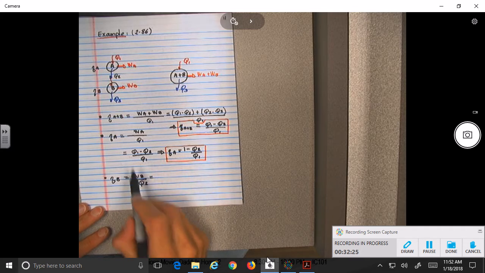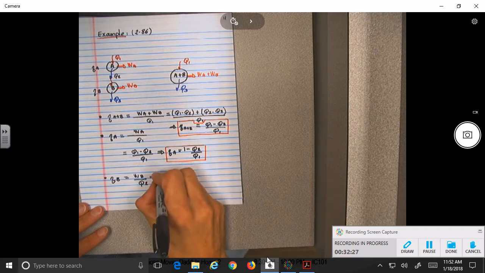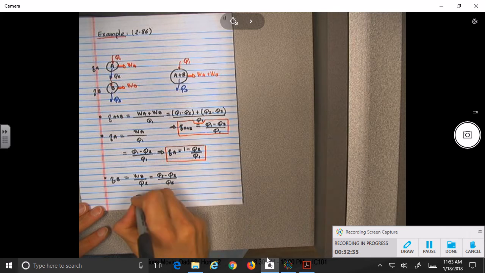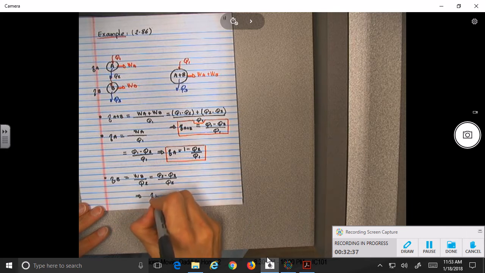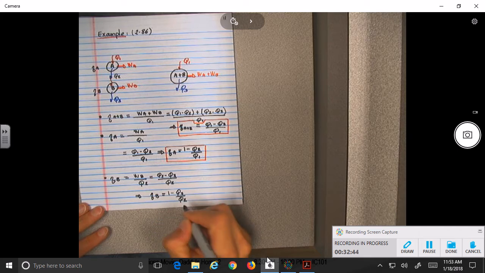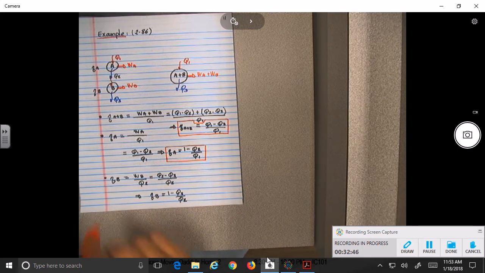And work of B will be equal to what? Q2 minus Q3 divided by Q sub 2. So this will give you that the efficiency of B will be equal to 1 minus Q3 over Q2.